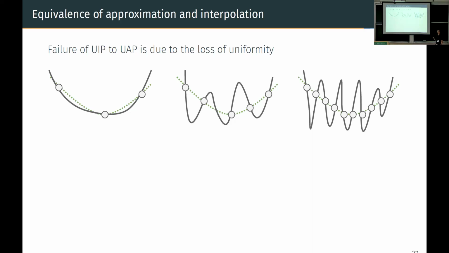It turns out the same thinking can be applied to a composition, except that we want the uniformity to be in time. In other words, interpolation and approximation are not equivalent precisely when you take longer and longer time to interpolate the points as you have more and more points. That's when interpolation does not imply approximation.